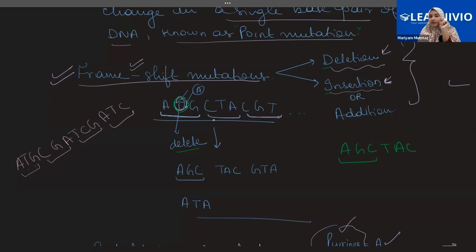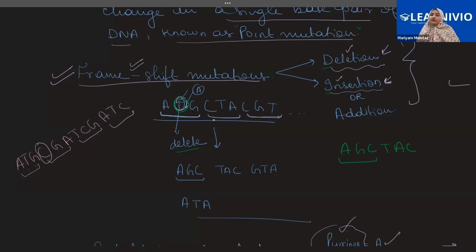Now, frame shift mutation can be of two types: deletion or insertion. If I remove this C from here, then the entire reading frame will be changed, isn't it? Because now ATG will be there, but now GAT will be there. It's shifted.